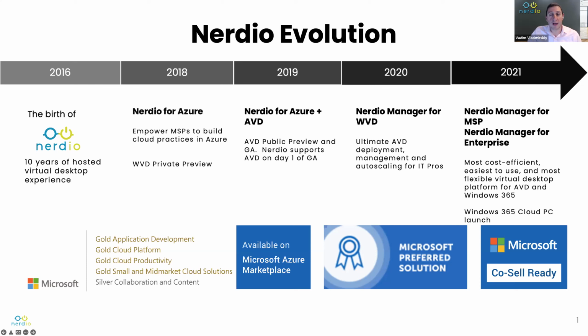It was called Remote Desktop Modern Infrastructure, Modern Architecture. I forget exactly what the acronym stood for, but it eventually became WVD, which now is known as AVD, Azure Virtual Desktop. When WVD launched in September of 2019, Nerdio was a launch partner and had full capabilities in our Nerdio for Azure product.